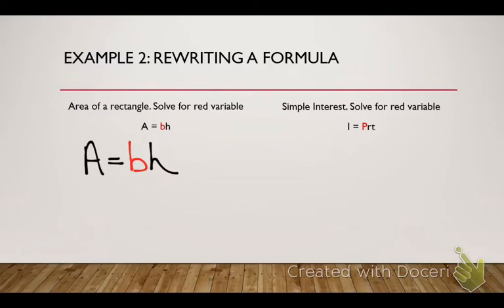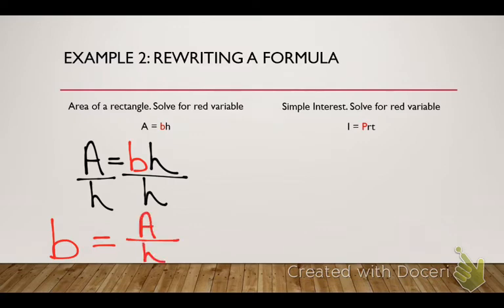Multiplication. So if I need to isolate B, what am I going to do to both sides? Yes, divide by whatever's connected to it. In this case, H is connected to it, so I'm going to divide both sides by H. And now B equals, because it asked me to isolate B, A over H.